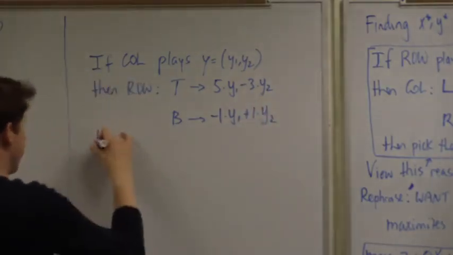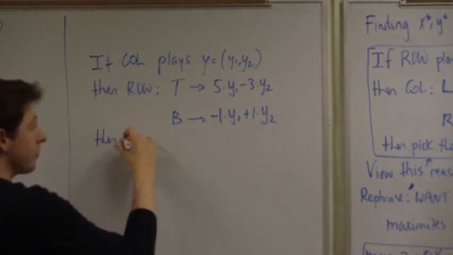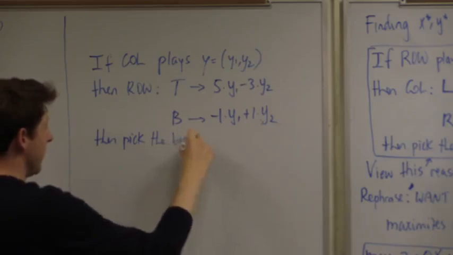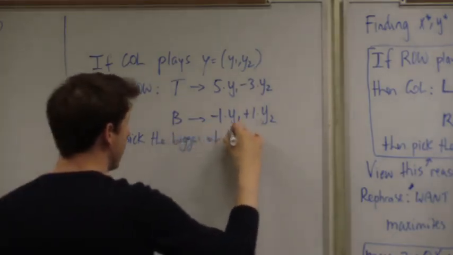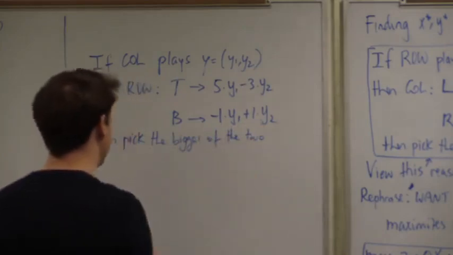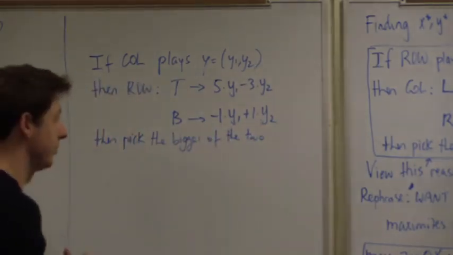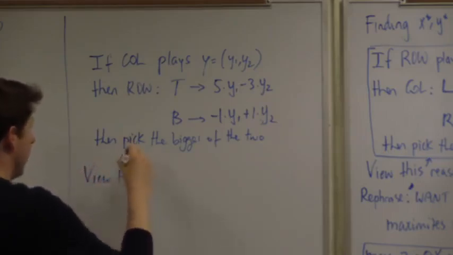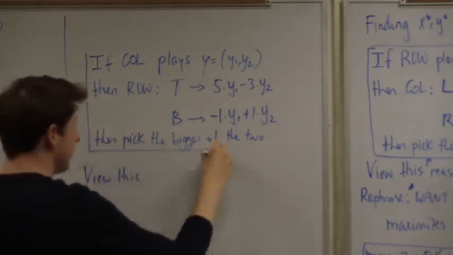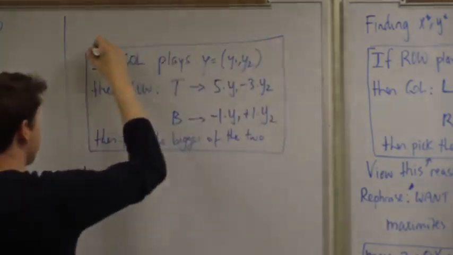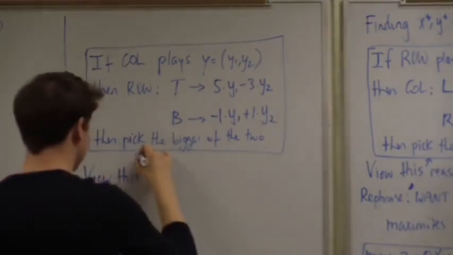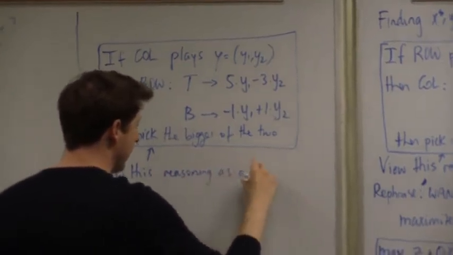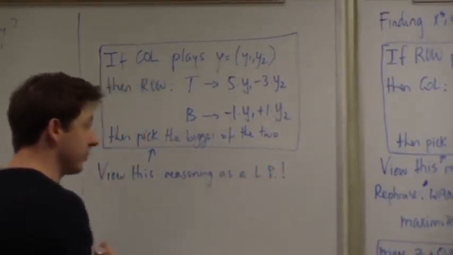And he will pick the bigger of the two, because the row player wants to maximize the payoff. So we're going to view this reasoning as a linear program also.